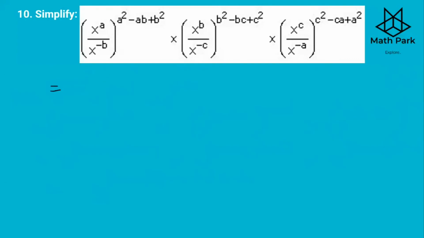So we have x raised to a upon x raised to b minus b. So we'll be subtracting, a raised to m divided by a raised to n is equal to a raised to m minus n.